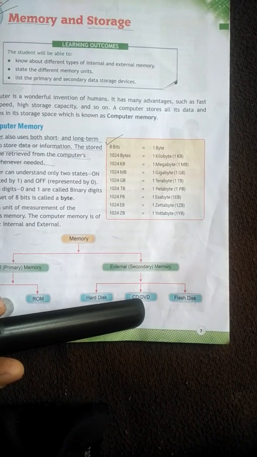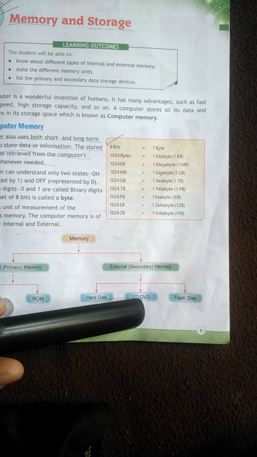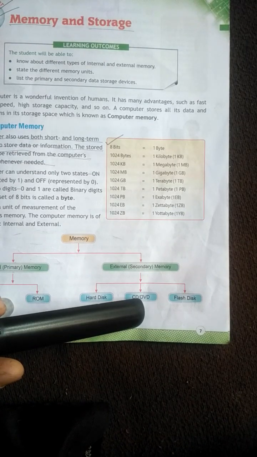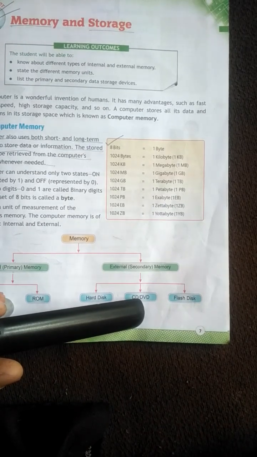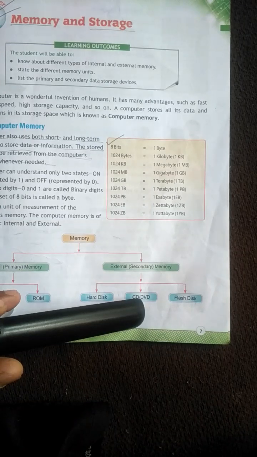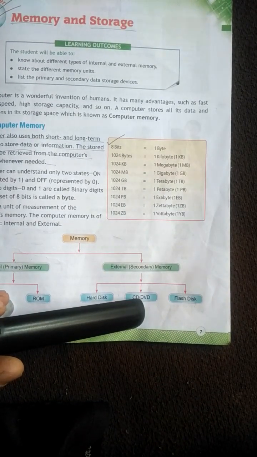And 1024 PB is equal to 1 exabyte, 1 EB. And 1024 EB is equal to 1 zettabyte, and 1024 ZB is equal to 1 yottabyte, 1 YB.